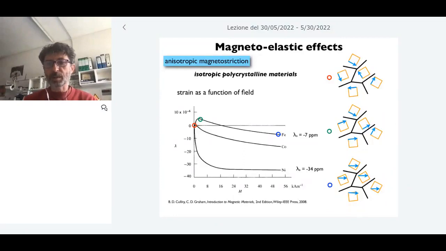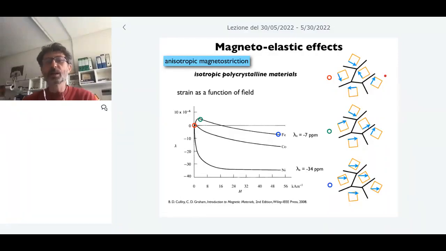Because what happens if you take a material that has a distribution of easy axes? Look at the sketches on the right-hand side. This is aimed to represent a material where you have several grains. For simplicity, I made it in 2D, and so I've put the grains, the crystals, as squares, and then I've selected by chance one of the directions as the local direction of the magnetization.